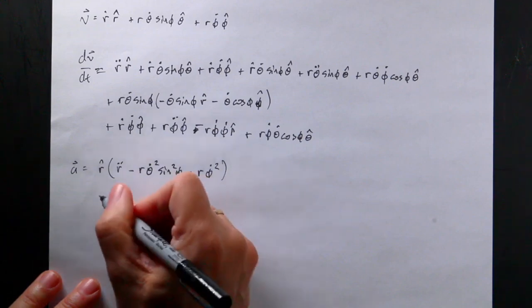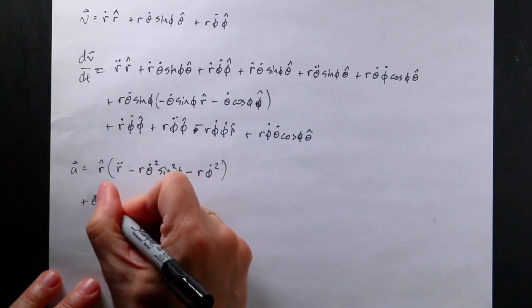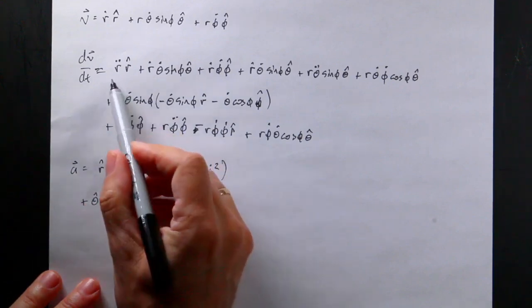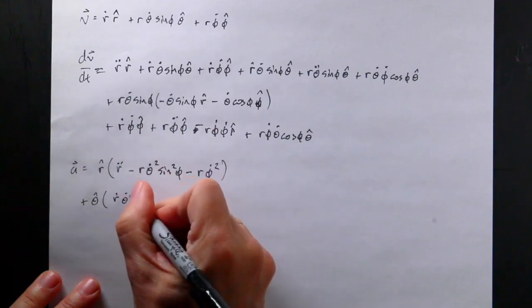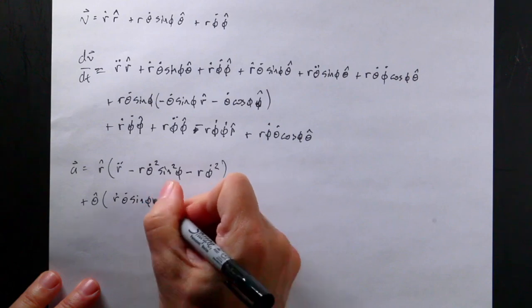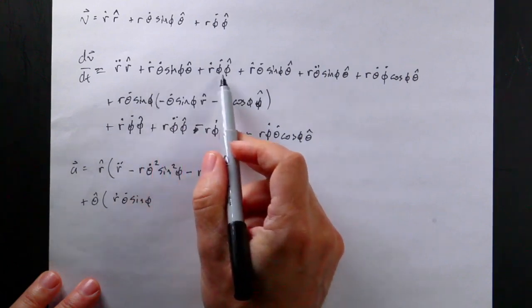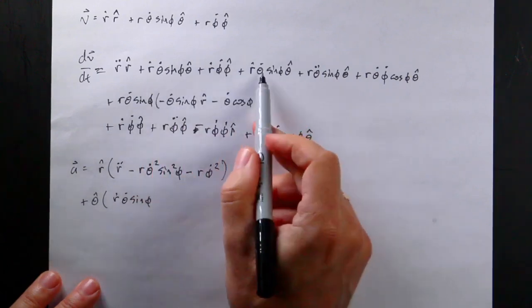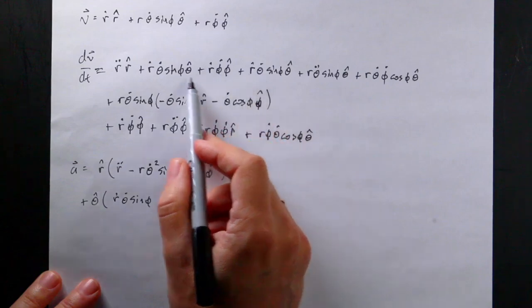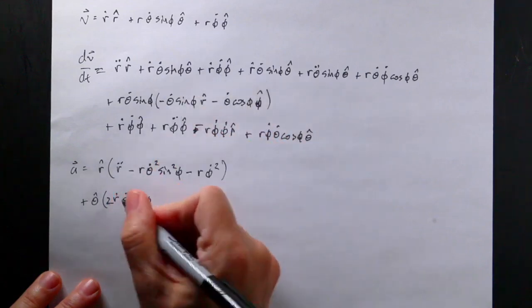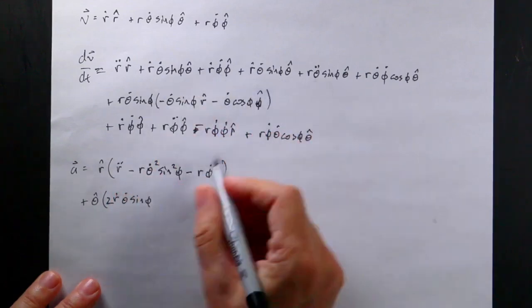Now let's go for my theta hat terms. So plus theta hat. What terms have theta hat? Here's one. So it's going to be r dot theta dot sine phi. Looking for theta hat terms. There's one. Plus r dot, notice right here, this is the same as that. So I'm actually going to get 2 of those. Here's another one.